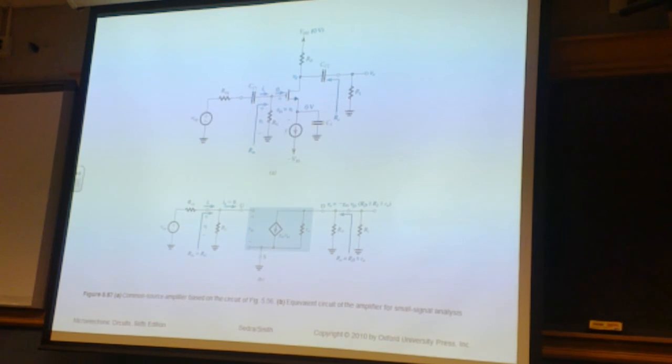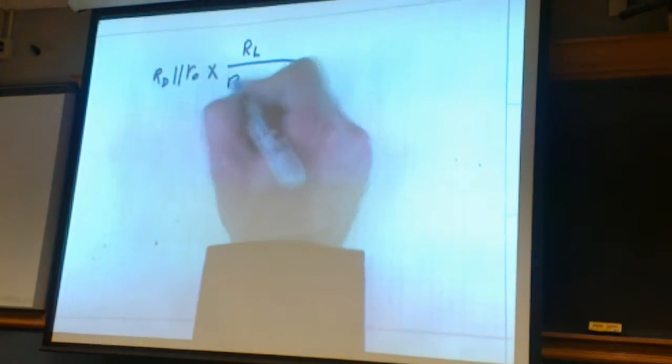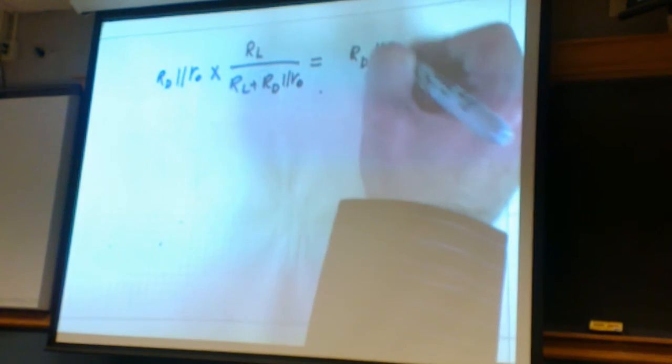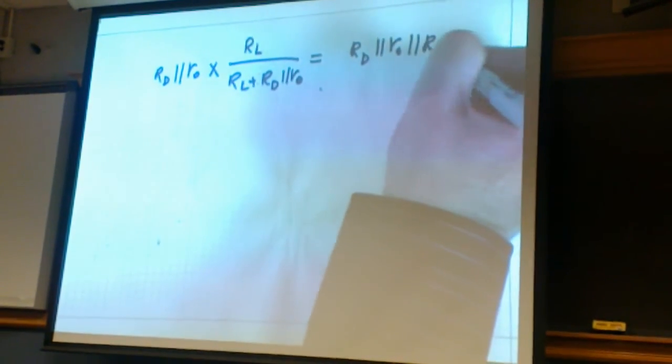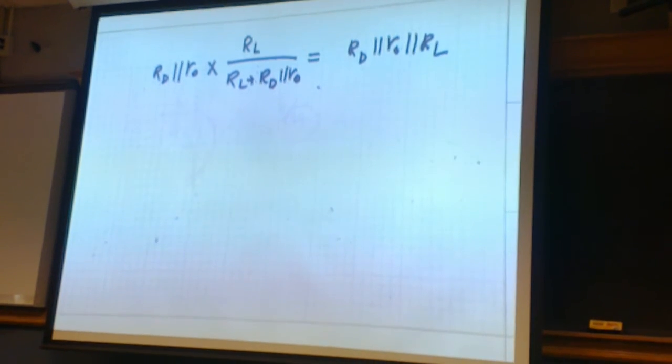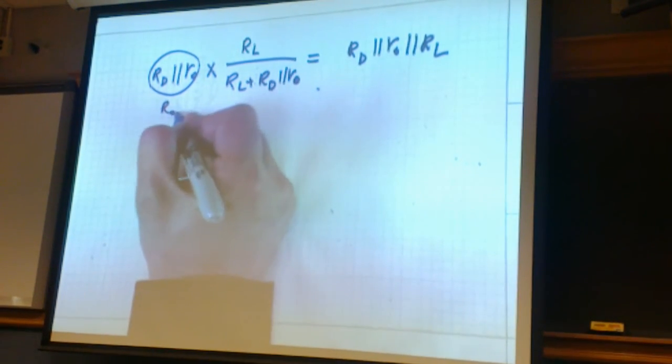RD in parallel with R naught times RL divided by RL plus RD in parallel with R naught is equal to RD in parallel with R naught in parallel to RL. Interesting, right? And this is your R out.